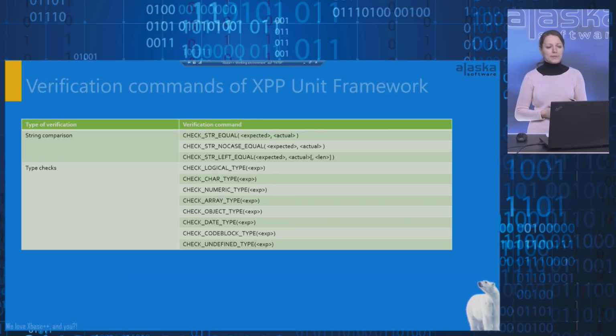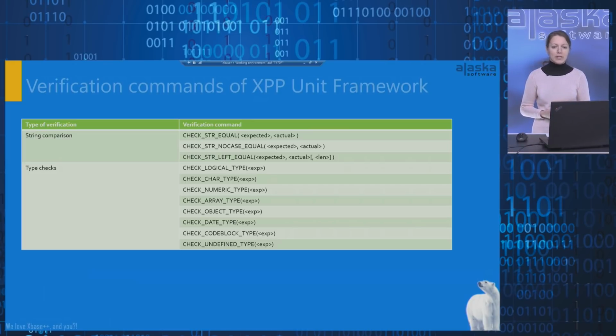The next slide here. The next group is string comparison. And the first command is check string equal. It checks whether two strings are equal, and here happens case-sensitive string comparison. And the next one is check string no case equal. It's the same, but here happens case-insensitive string comparison.